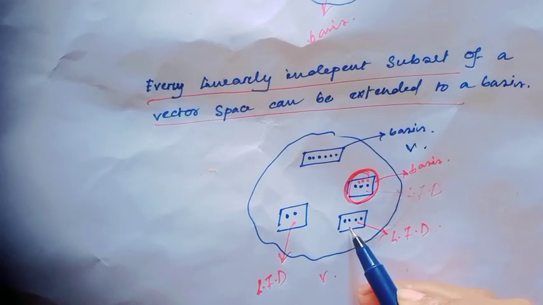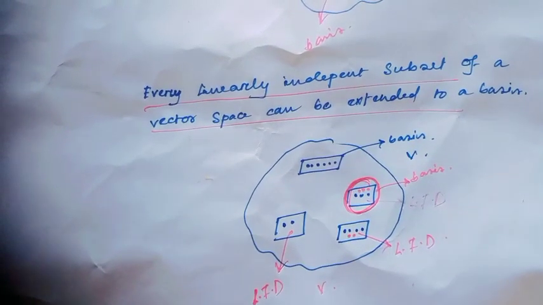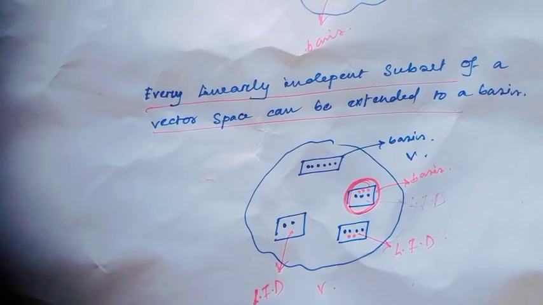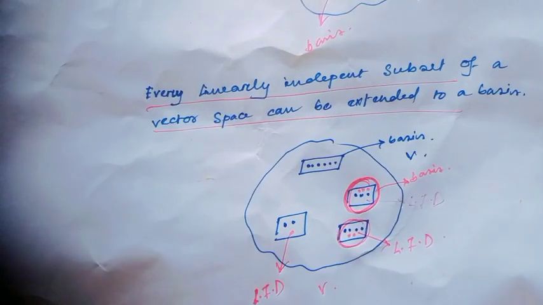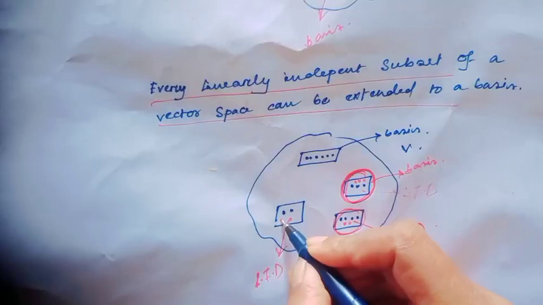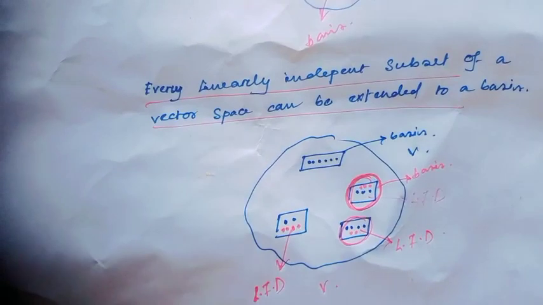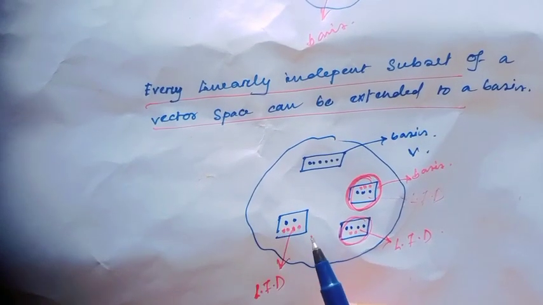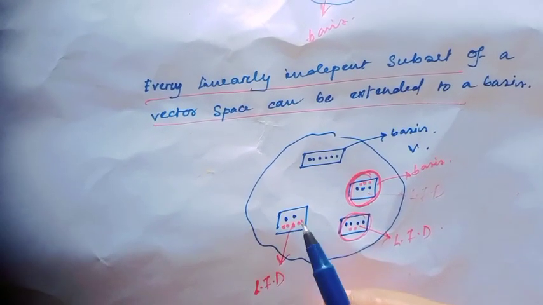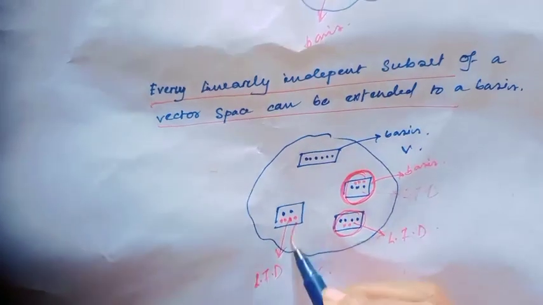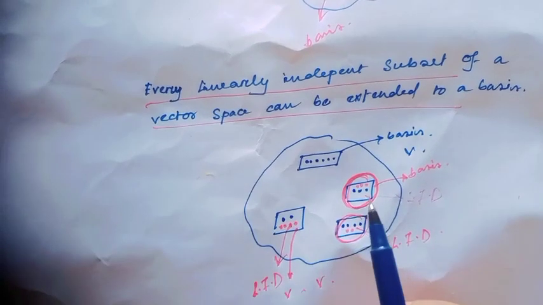Also, similarly, if there exist 2 more linearly independent vectors to add, then by the extension theorem we can say these 6 vectors would also be a basis of the vector space V. Also, if we add 4 linearly independent vectors, then we can say these 6 linearly independent vectors would be a basis of the vector space V. And this we can say by the extension theorem.